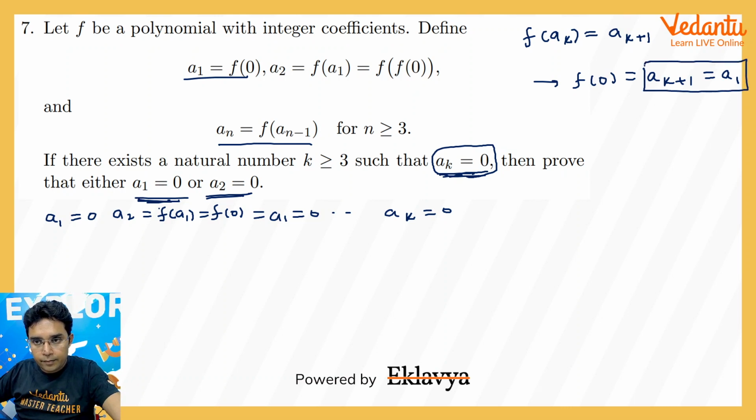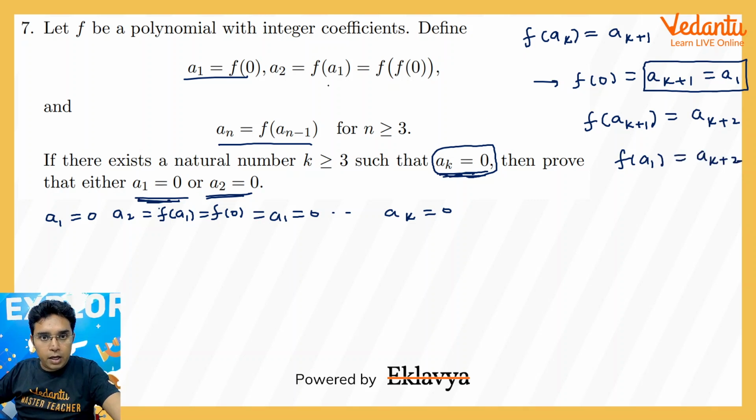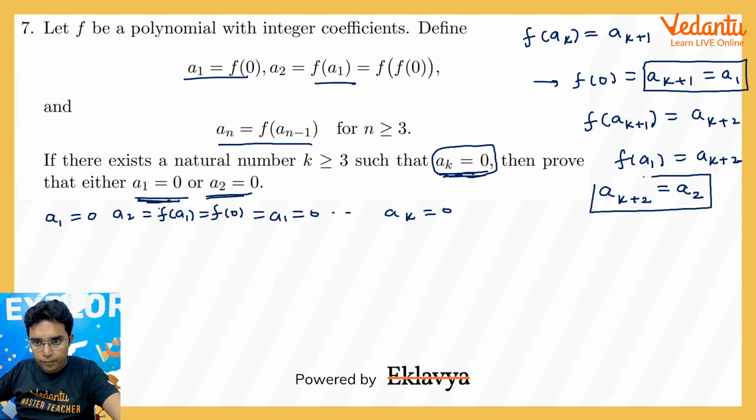Now similarly, if I apply once again, f of ak plus 1 will be ak plus 2. Because ak plus 1 is a1, f of a1 will be equal to ak plus 2, and f of a1 is a2, so we have proved that a of k plus 2 is equal to a2. So these two things we have proved.